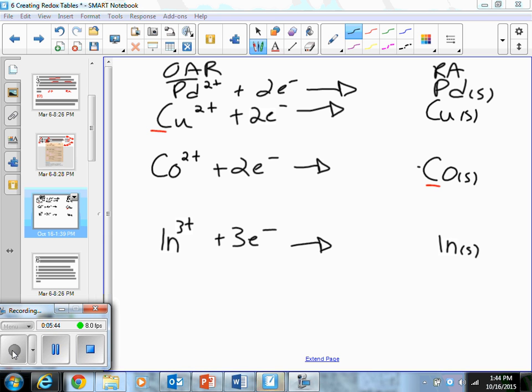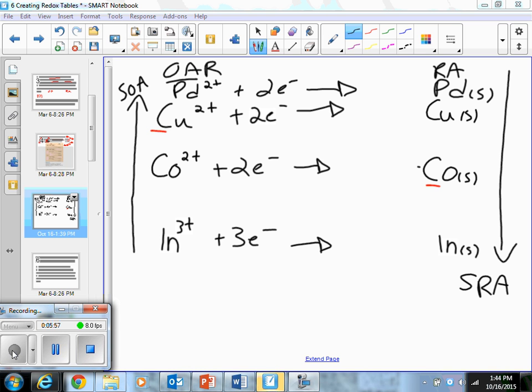Remember that the strongest oxidizing agent is at the top of the table, so they go up in increasing strength. The strongest reducing agent is always listed at the bottom of the table. So these are in order of increasing strength going down.